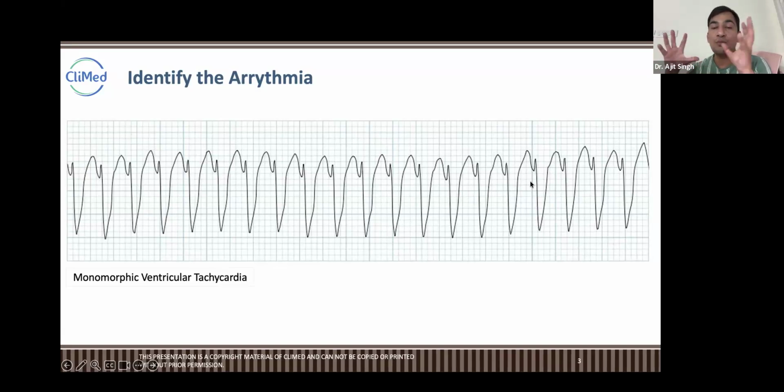Remember, QRS is more than 120 milliseconds, 0.12 second. So we cannot identify the RBBB or LBBB pattern in this. That is the reason.